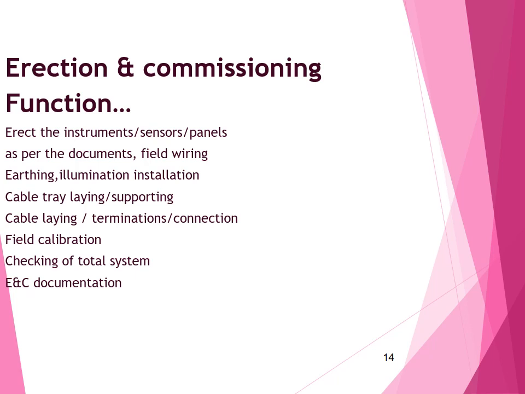Then cable tray has to be laid from field sensors to the control room like that, and these cable trays are to be supported. Cable laying in the cable trays, terminations and connections to various instruments and panels, etc.